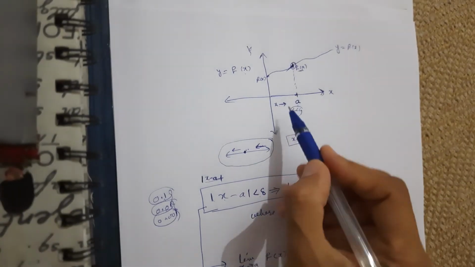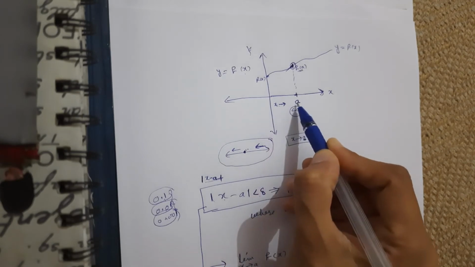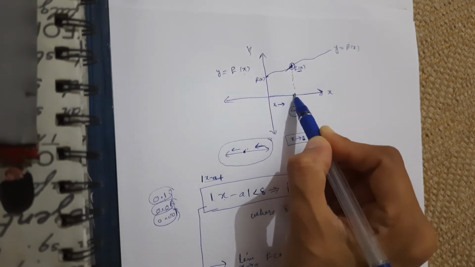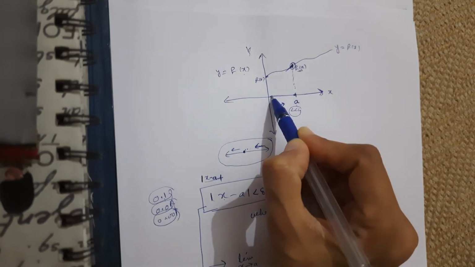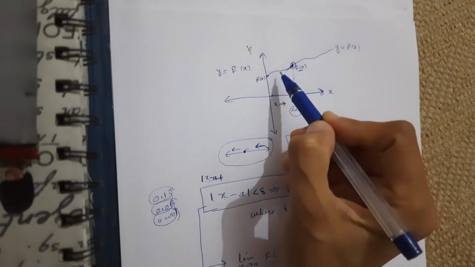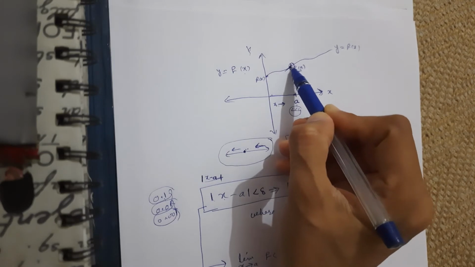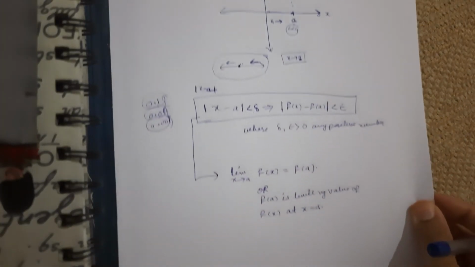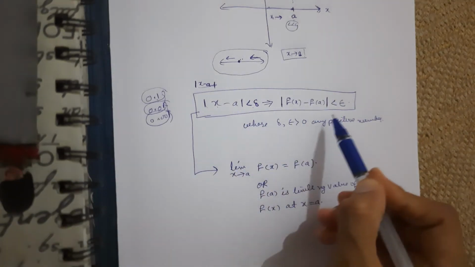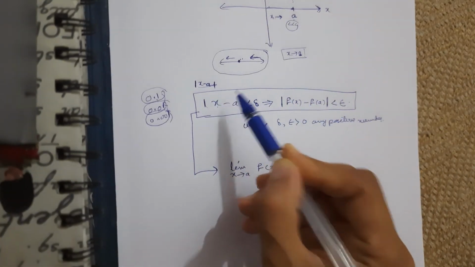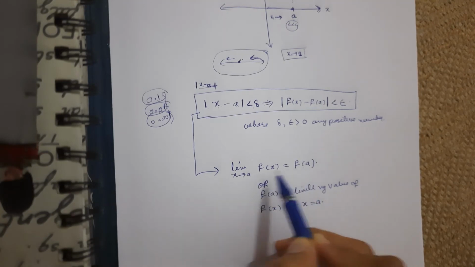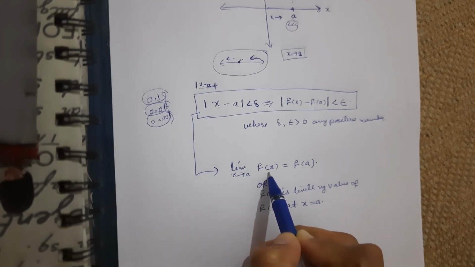So whenever the distance between x and a is becoming smaller and smaller, at the same time the distance between f of x and f of a becomes smaller and smaller. If this condition is satisfied, that is the definition. Then we say that f of a is the limiting value of f of x. And how do we write it?